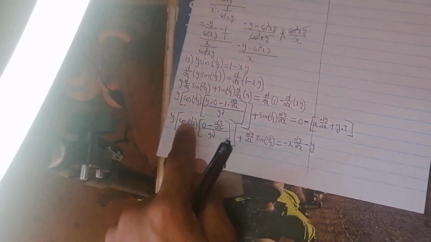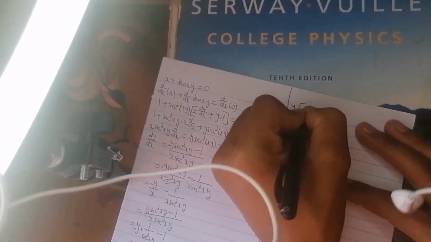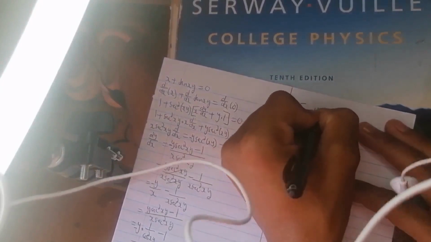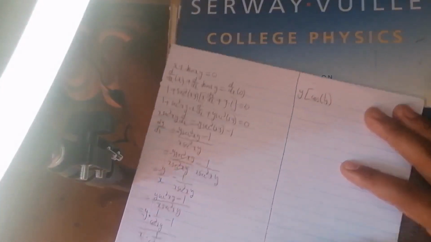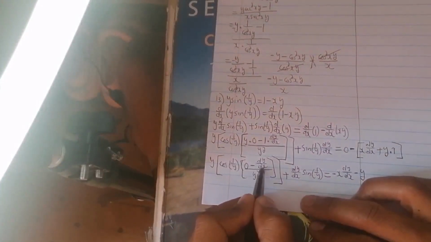Okay, so what is it that I can do here? I'm going to focus on this. So I'm having my y, I'm having my cos 1 over y. Remember, 0 minus dy over dx is minus dy over dx.